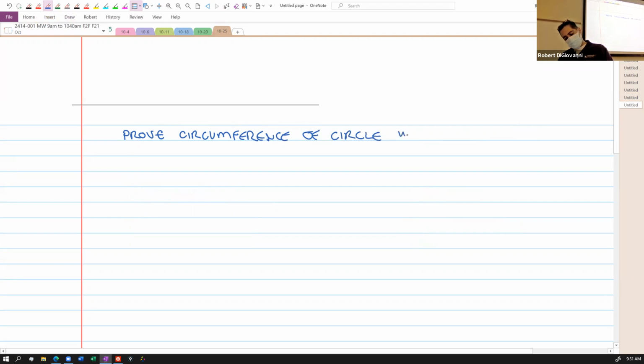So prove the circumference of a circle with radius r. Let's do little r. Is 2 pi r.